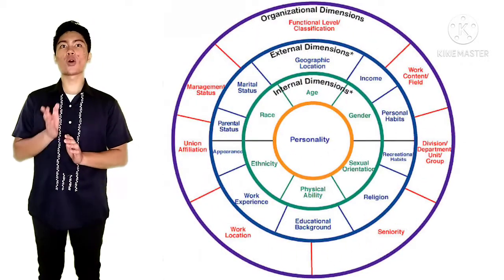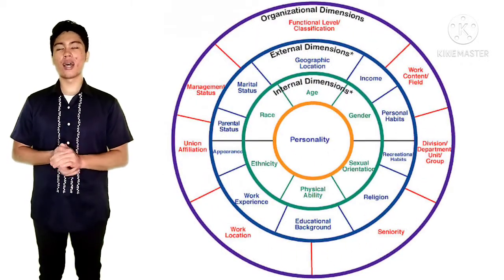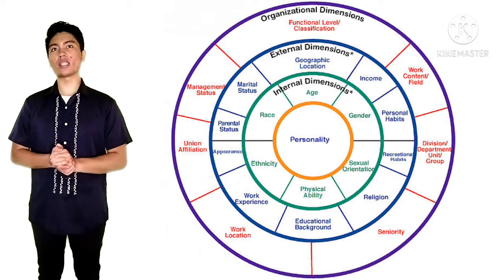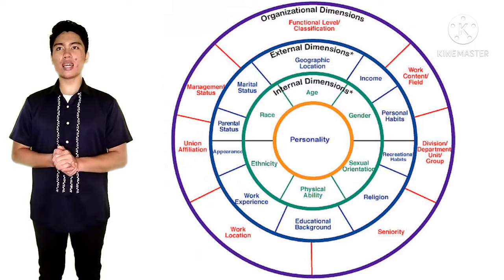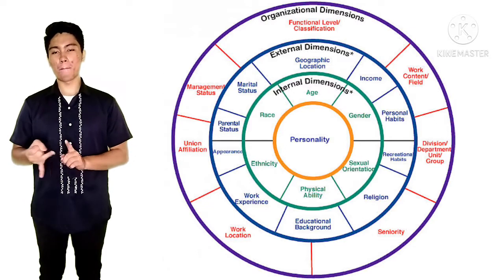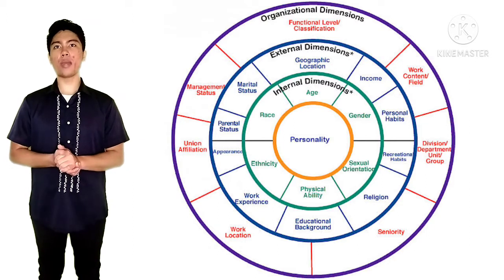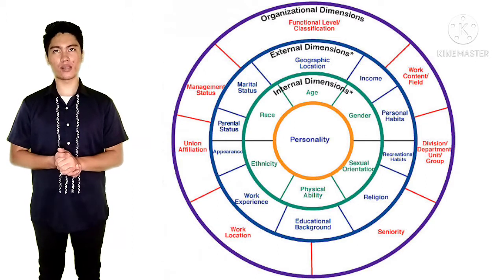Depicted as concentric circles, this diversity wheel can be used in many different ways to encourage thinking about values, beliefs, and dimensions of identity for people and organizations.